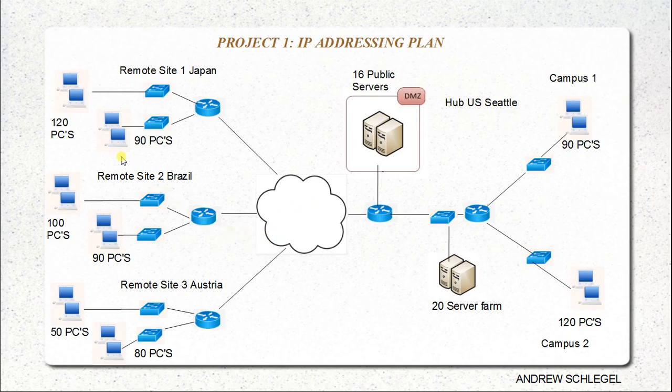So what you need to do is determine your IP addresses. Now you need public IP addresses and you need private IP addresses. Inside this network here, you need your private IP addresses. And you need a different network or subnet for each branch of the router, right?